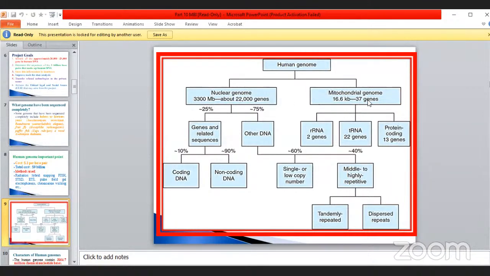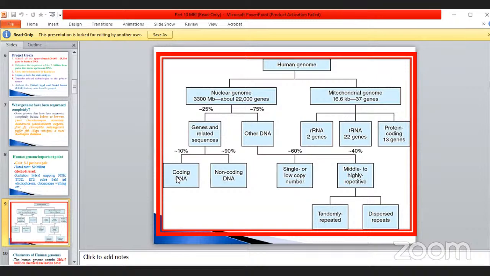The nuclear genome is further divided into 25% genes and related sequences, and 75% other DNA. From the genes and related sequences, 10% and 90%. The 10% is the coding DNA molecule.